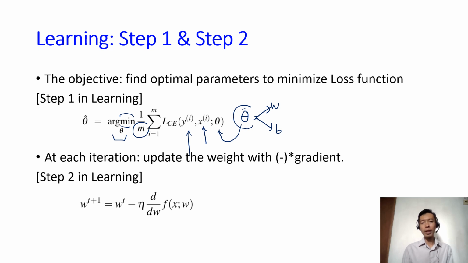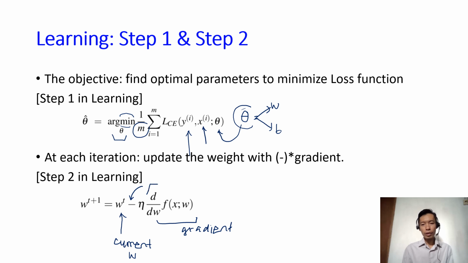perform the gradient descent, in which we take the current W, or it can also be the current bias term, and then we change it with minus times the gradient.